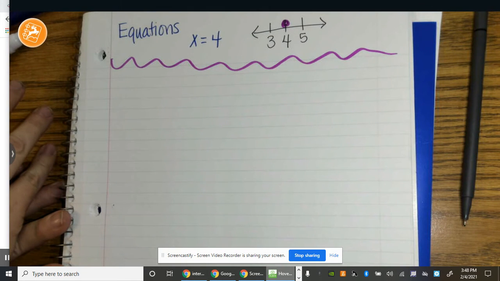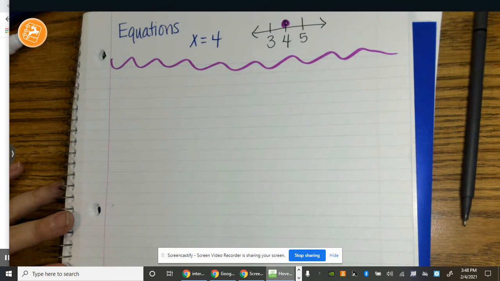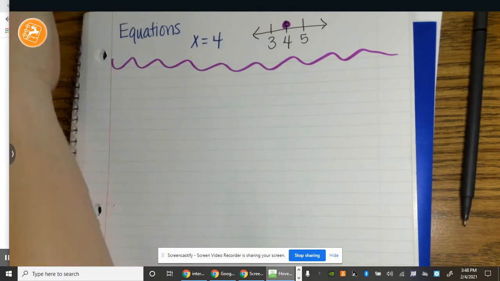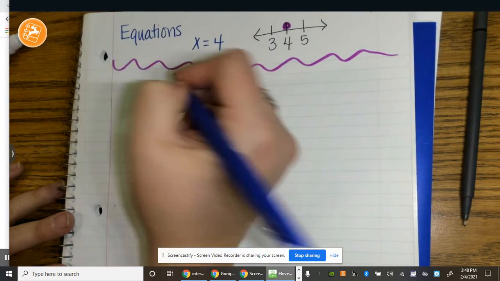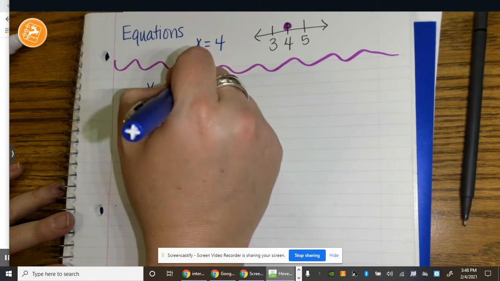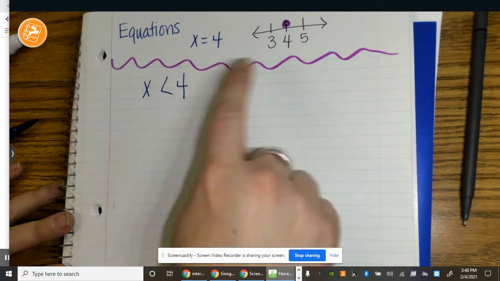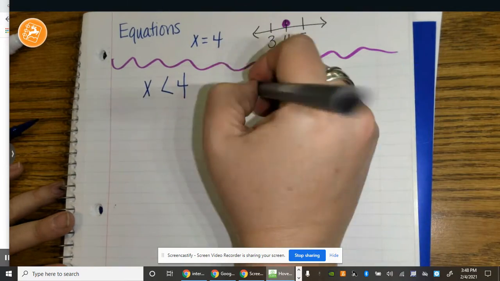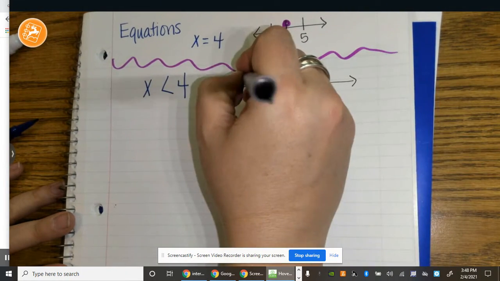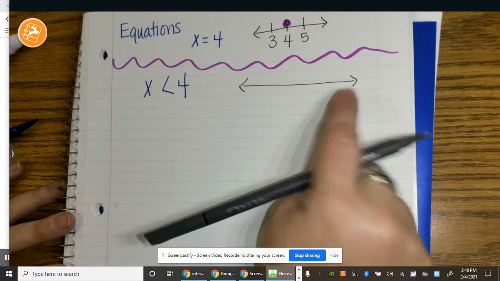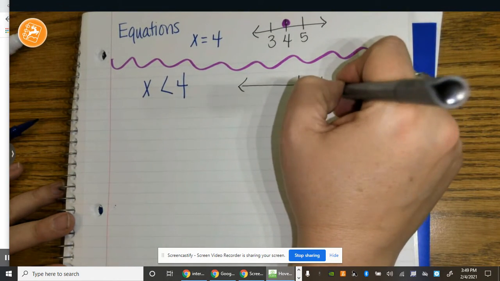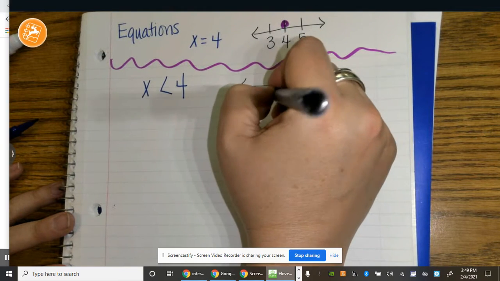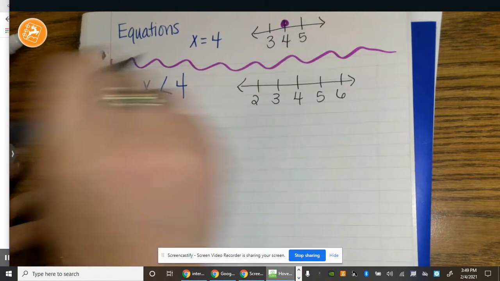Now, how will we draw inequalities? There's only one step that you have to do from here. Instead of x is equal to 4, let's look at x is less than 4. Again, I'm going to start off with my number line, with 4 somewhere on it, some numbers above 4 and some numbers below 4.